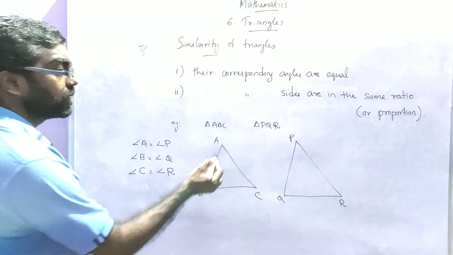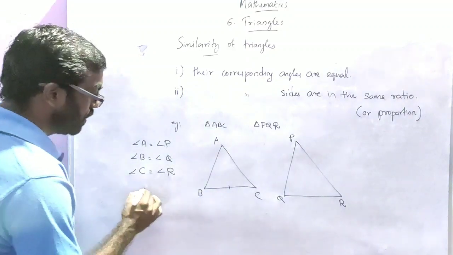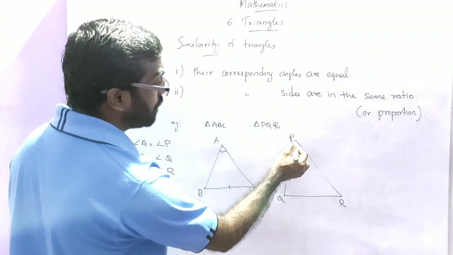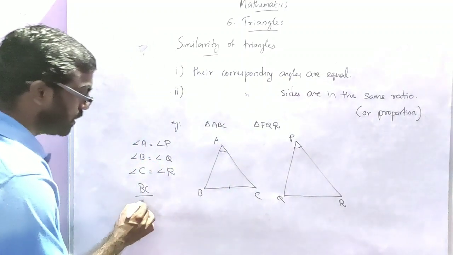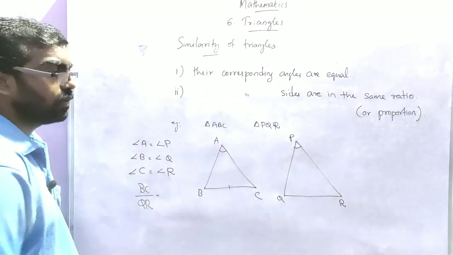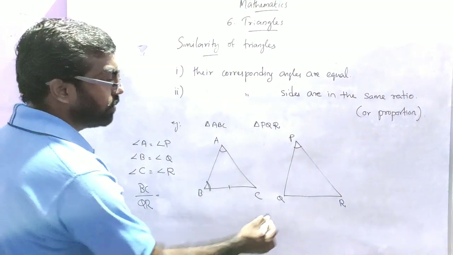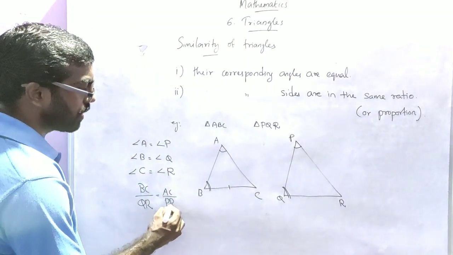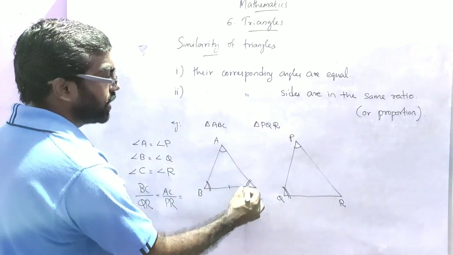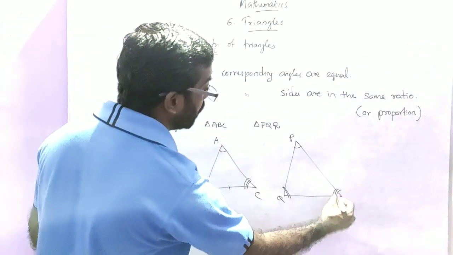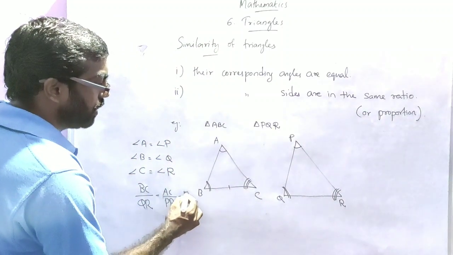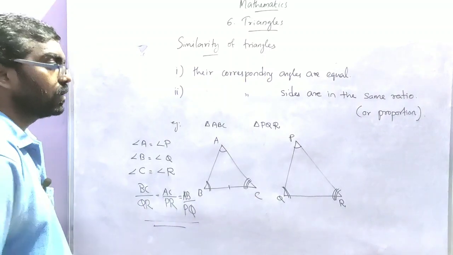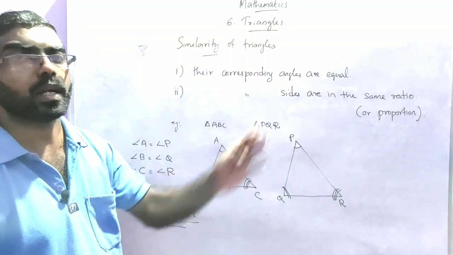Angle A is equal to angle P, so the side opposite to A is BC and the side opposite to P is QR, that is BC by QR is equal to, and taking angle B equal to Q, the opposite sides are AC and PR, AC by PR, which is equal to, and taking the third angle, C and R, the opposite sides are AB and PQ. So this is what is given in the condition.